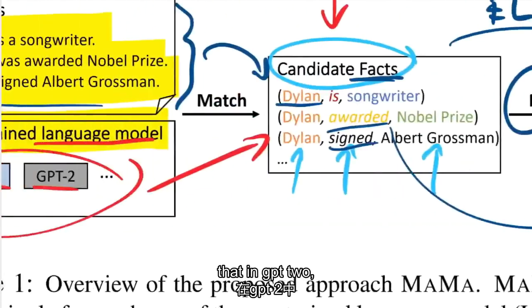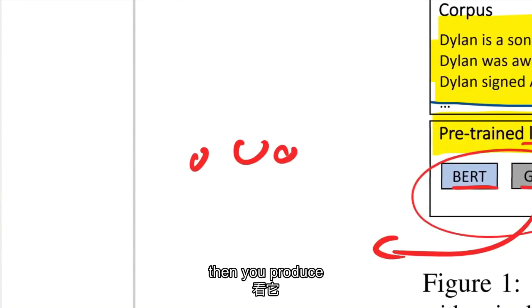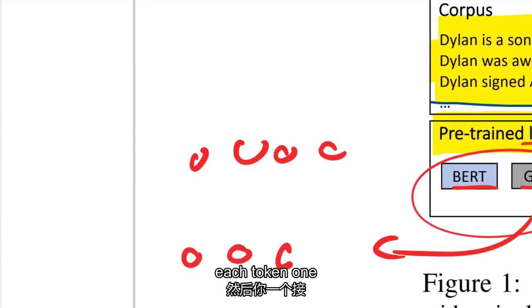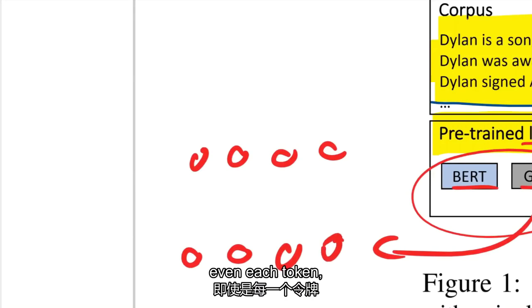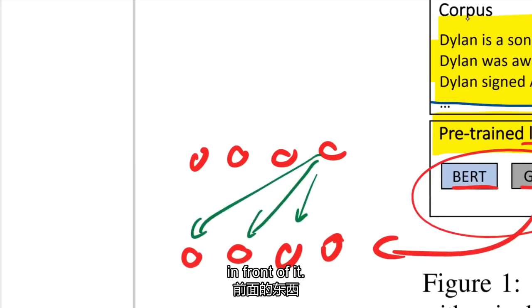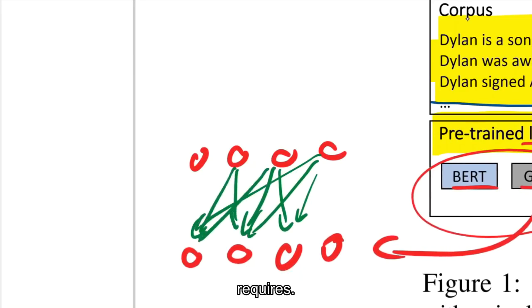That means that in GPT-2, you produce each token one after another, which means that when you train or when you evaluate, each token can only attend to the things in front of it, right? You see the problem with what this thing requires.